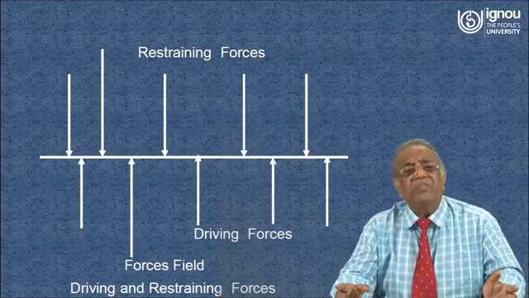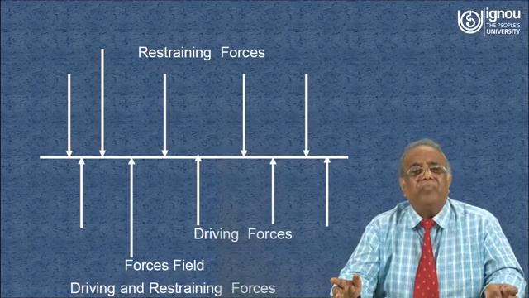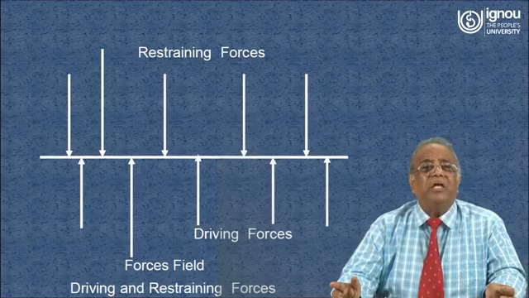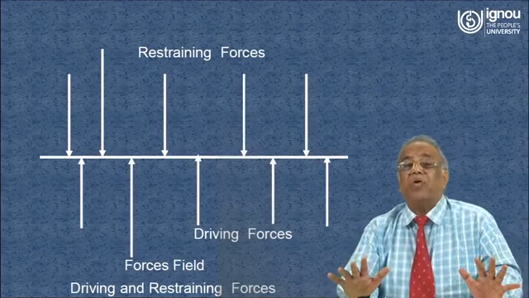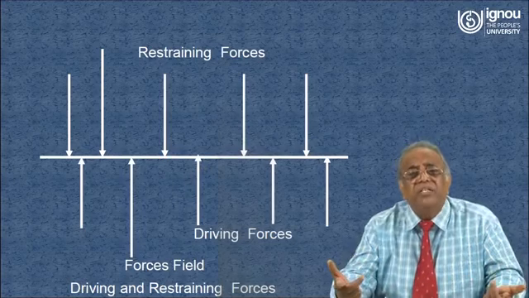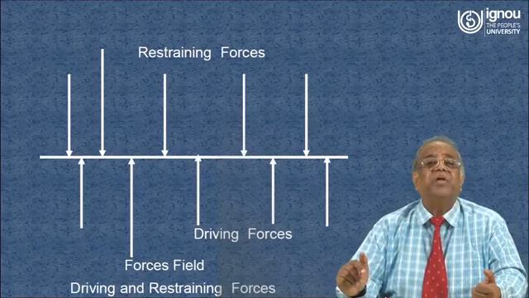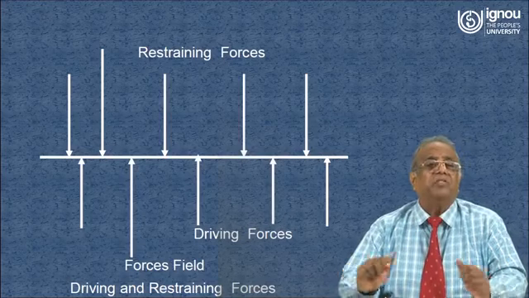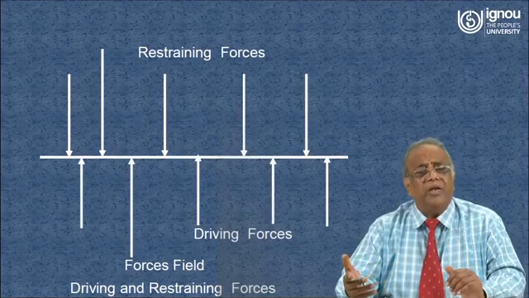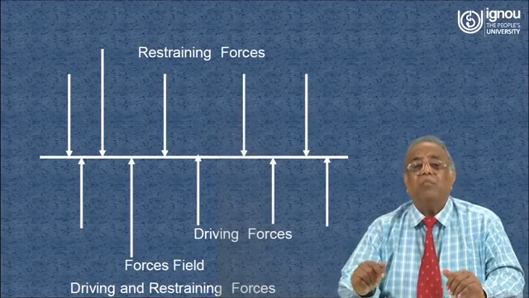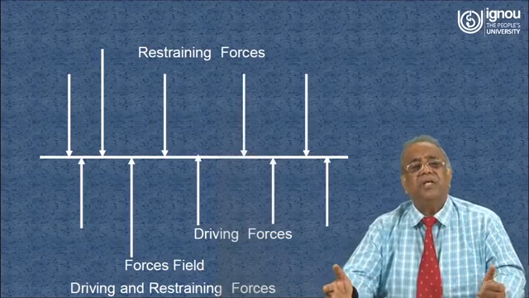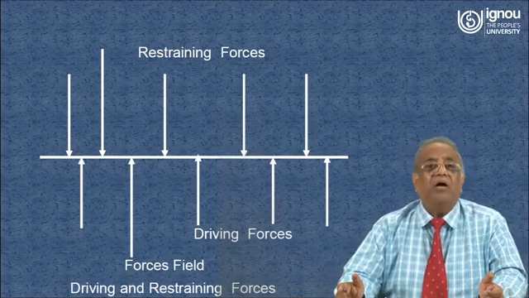Now, this is the Lewin model, a very interesting model, in which there are two types of forces for any changing process: driving forces and restraining forces. The driving forces are the forces which are for the change, and restraining forces are the forces which are against the change, because if you introduce any change, you will find that there is resistance from your own employees, because they feel that if there is a change, there may be some problem for their growth.